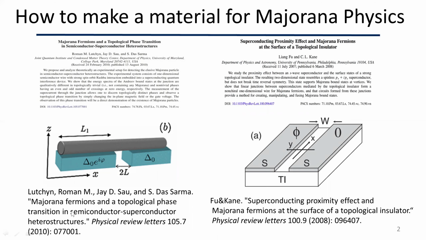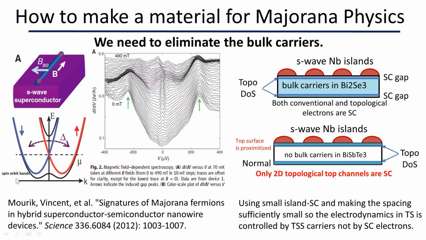In the first approach, an external magnetic field is necessary to open the gap at the crossing point between two spin orbit bands. This provides spin momentum locking. Well, the spin momentum locking comes for free if you combine superconductivity with a topological insulator.